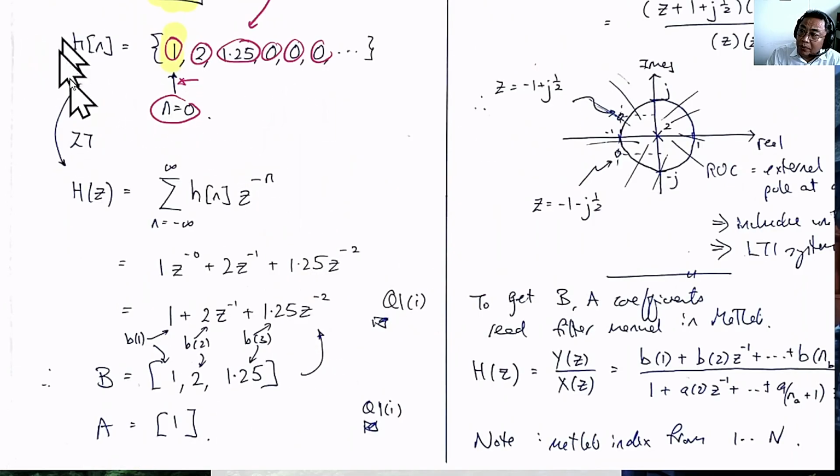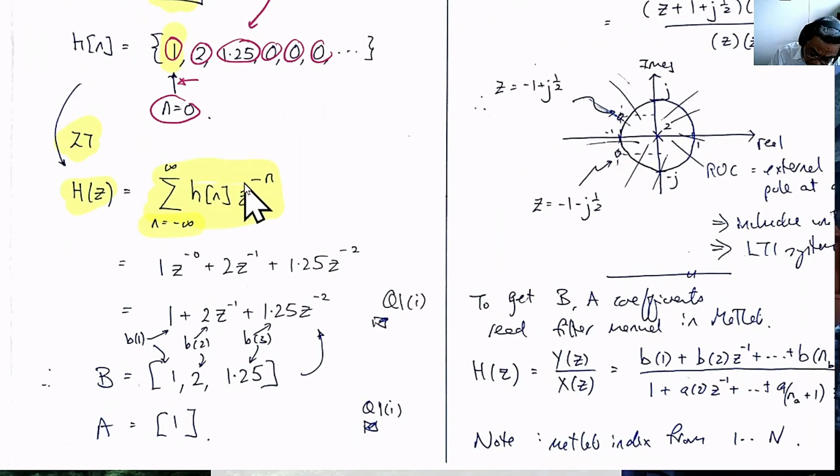We now want to transform h[n] into H(z). So this is the Z transform of the impulse response. We remember the equation for the Z transform. Basically we plug in the sequence here, from negative infinity to infinity, multiplied by this sequence with z to the minus n.